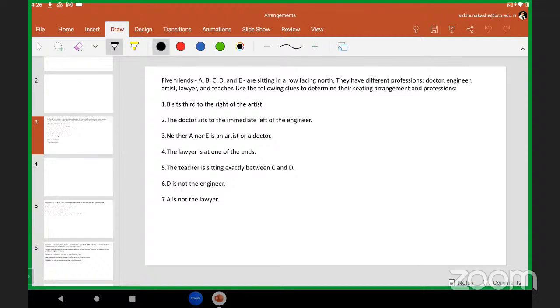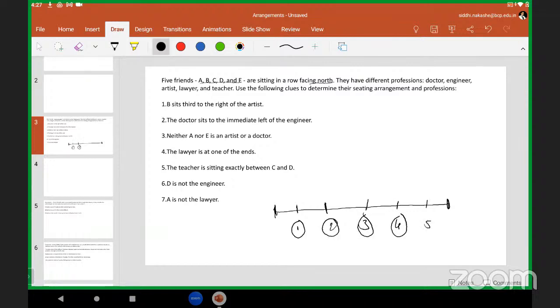There are five friends, A, B, C, D, E, and they are facing north. That means we can consider it to be a line, and there are five friends: one, two, three, four, and five. We don't know their exact positions, but there are five people and they are facing north.